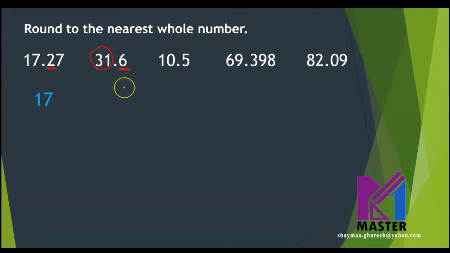It's more than 5. So it will be 32. What about 10.5? So what about this 10, will it be rounded up or down? It will be rounded up because of this 5. So it will be 11.